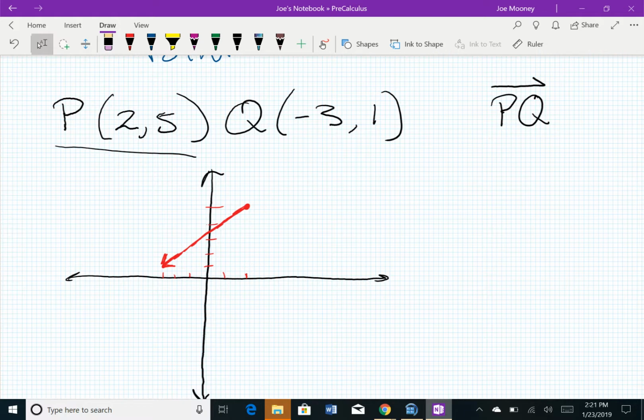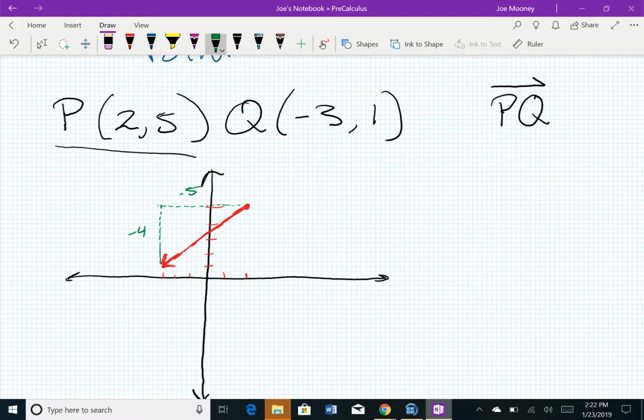So everything has a horizontal component and a vertical component. I want you to start thinking about where you started. I started at 2 and ended up at -3. So without doing any subtraction, without learning any formula, common sense says I traveled left 5 units and I traveled down from 5 to 1. I traveled down 4 units. So I traveled left 5, down 4.